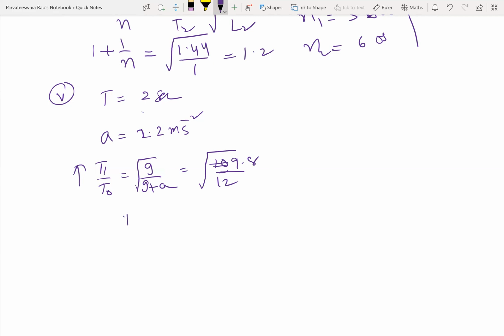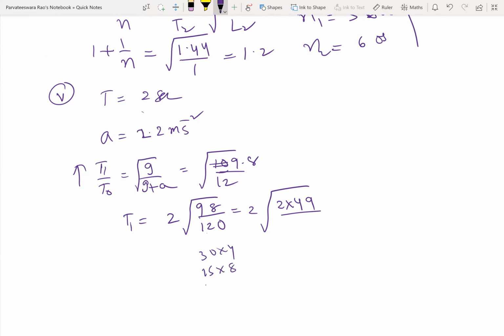So T1 will be 2 seconds into root of 98 by 120. 2 into 49 by 60, so this is 2 into root of 49 by 15, 15 is nearly 4.